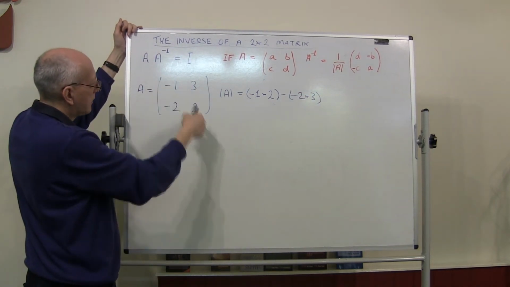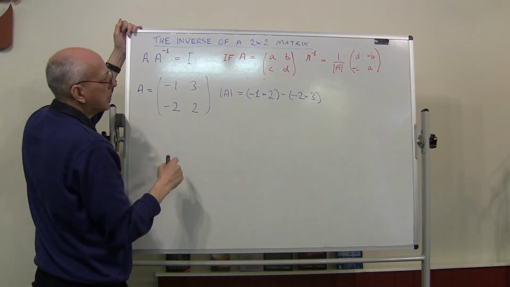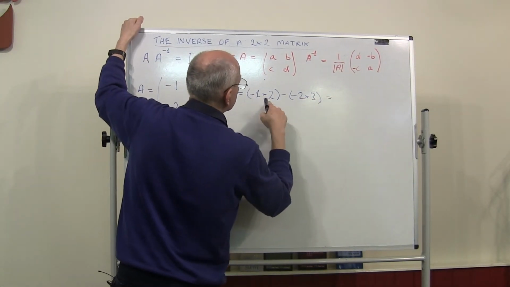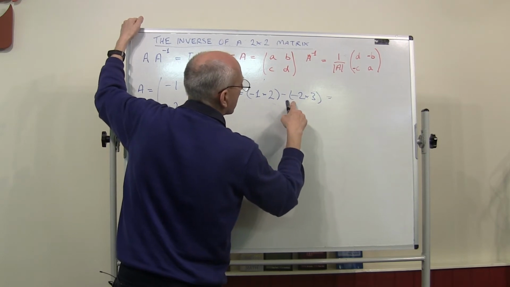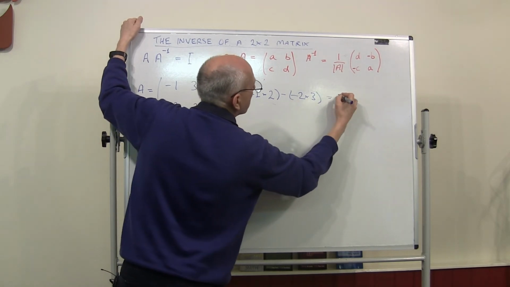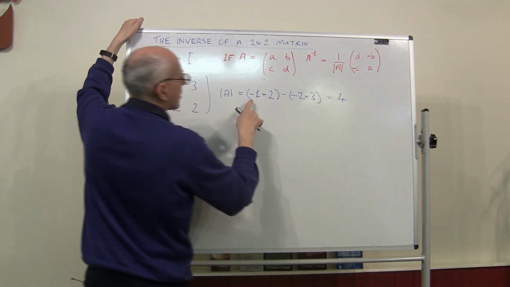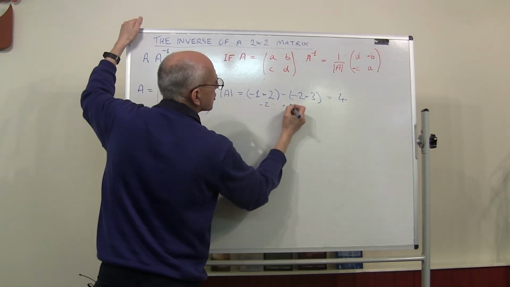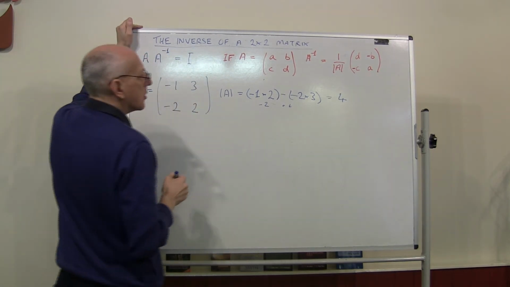Okay, so down that way, minus going back up. That's going to give me, so that's minus 2, and that'll become plus 6. So it'll become 4. Okay, just double check that. That's minus 2 plus 6, yeah. Okay, so plus 4.